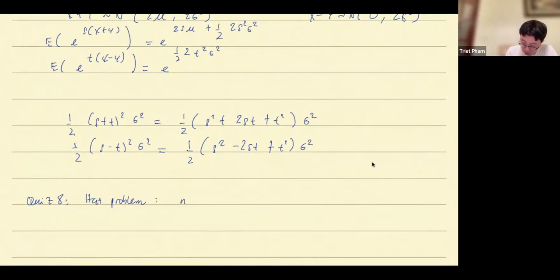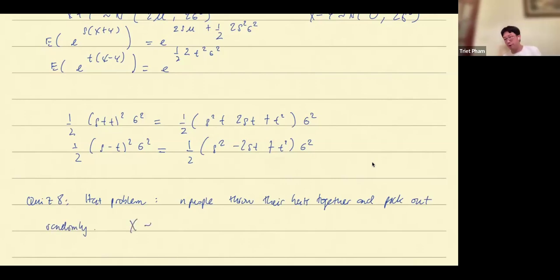So n people throw their hats together and pick them out randomly. Let x, as a random variable, denote the number of people with the right hats.